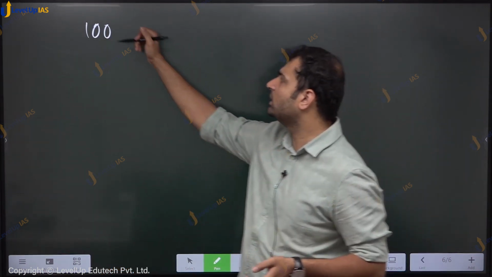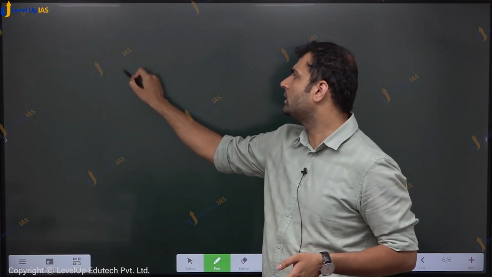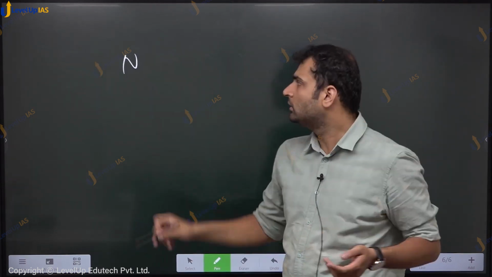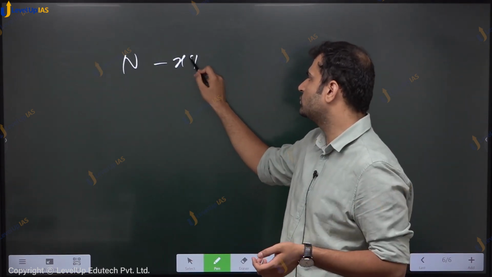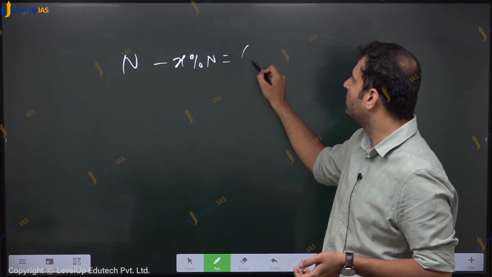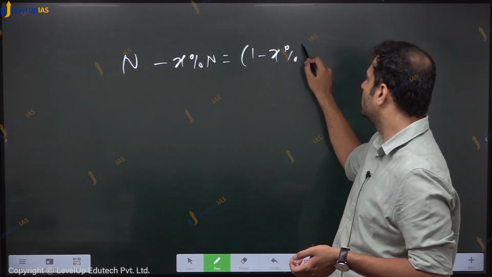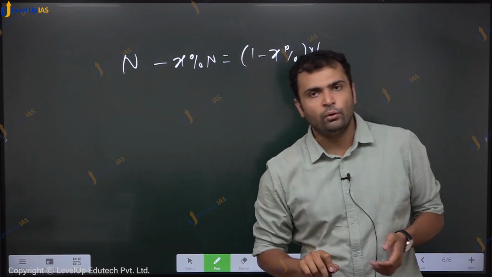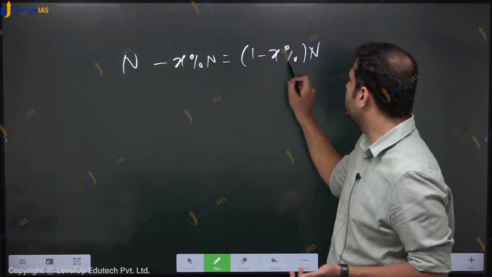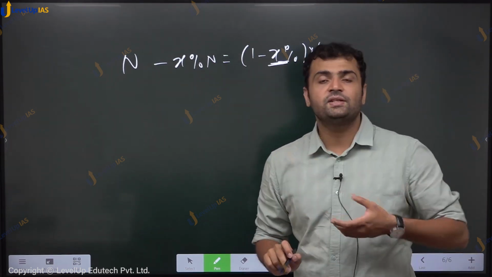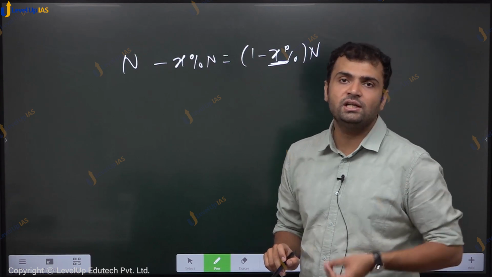But let us take some other example. Let us take a number n, and if you decrease it by x percent of n, the new quantity will be (1 minus x%) of n. Again we know what x percent is. If x is 10, then x percent is 0.1.